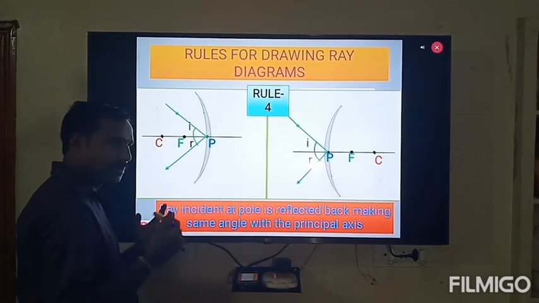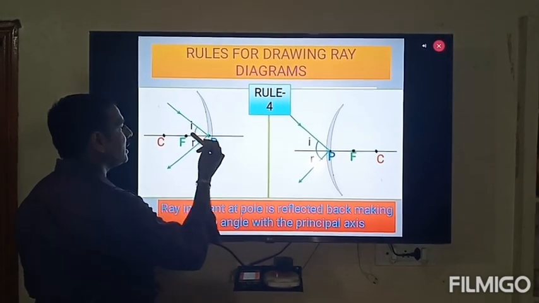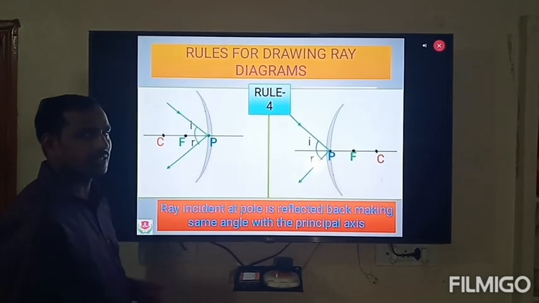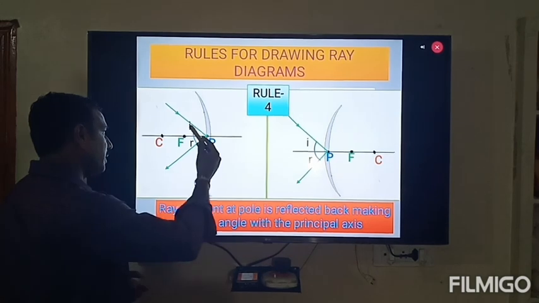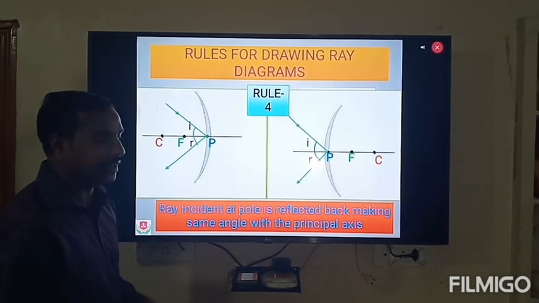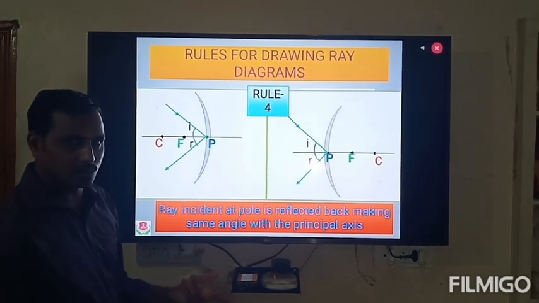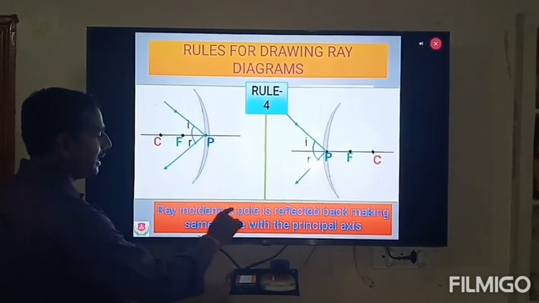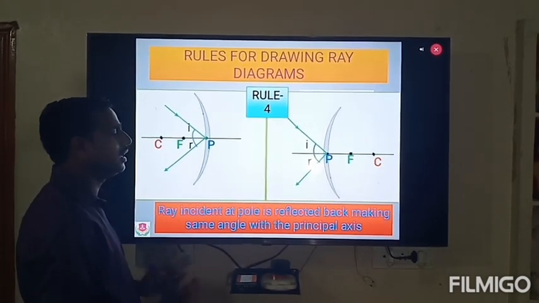Actually, we consider that the principal axis is also a normal. So with this normal, it is making an angle I, that is what we call the incident angle. So as per the laws of reflection, compulsorily it makes the same angle. So after reflection, it is making an angle R, that is, I equals R. So the ray incident at pole is reflected back, making the same angle with the principal axis.